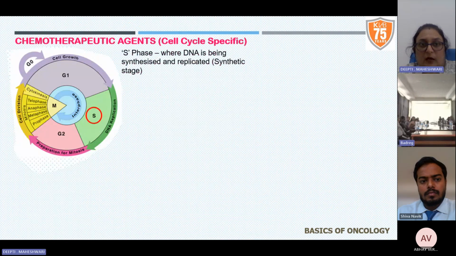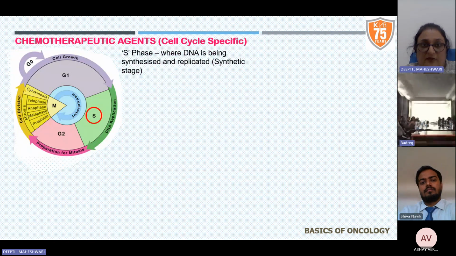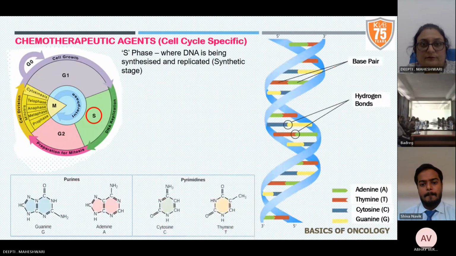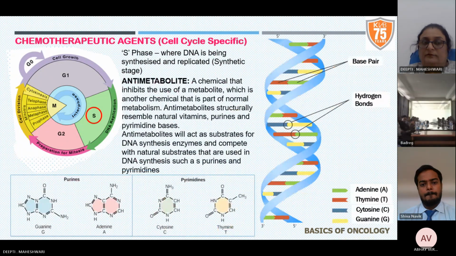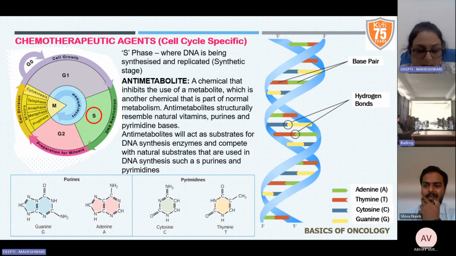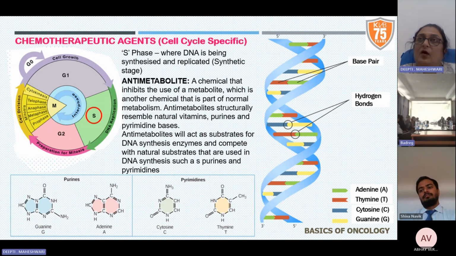Now, when you come to chemotherapeutic drugs which are cell cycle specific, till now what we have seen is basically how the cell multiplies by way of cell mitosis. We saw cell mitosis in detail. Then we also saw the different phases in cell mitosis.